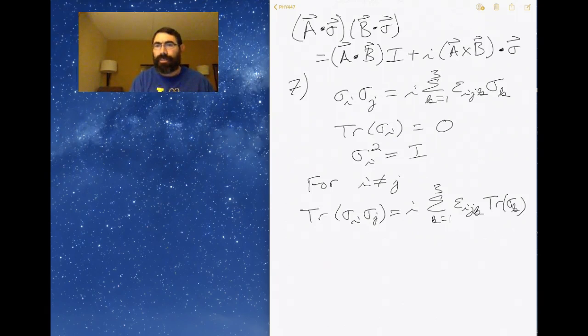So I can combine the first statement up here with this statement, the trace, and I come up with the trace of the product, not the trace of just one, but the trace of the product of two, is this sum.